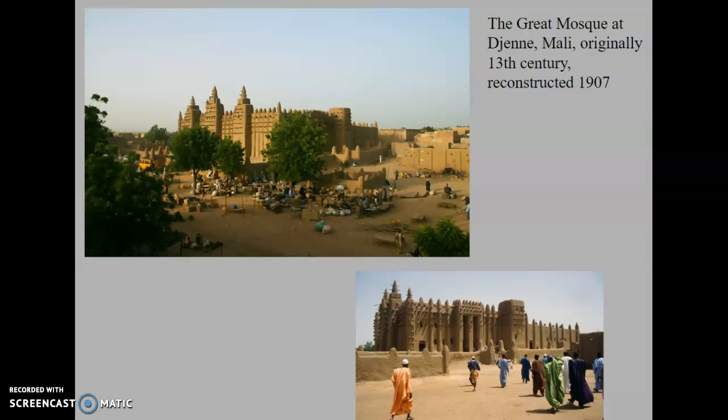This adobe style of building, made out of mud and straw, needs to be rebuilt or patched and repaired where it has worn away because of weather and time. And the whole community comes together once a year to have a grand ceremony or a grand ritual where that rebuilding takes place over a couple of weeks.